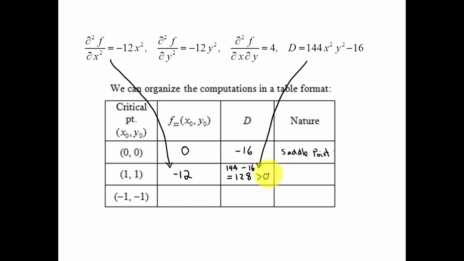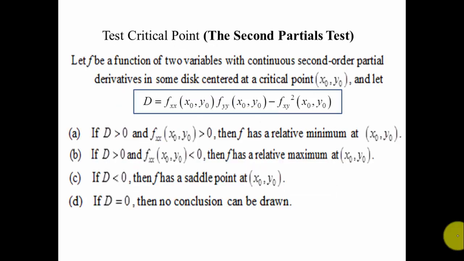Therefore, what is the nature of this critical point? Let's look at the second order partial derivative test again. Based on the second partial test, if d is positive and the second order partial derivative with respect to x is negative, then f has a relative maximal or local maximal at the point x0, y0.